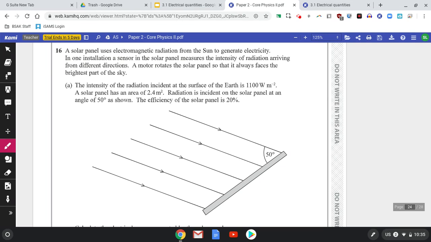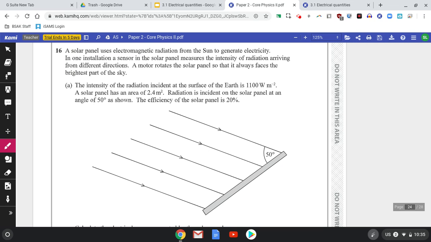We're given the value of the radiation incident at the surface of the Earth. What that means is at right angles. So 1,100 watts per meter squared.